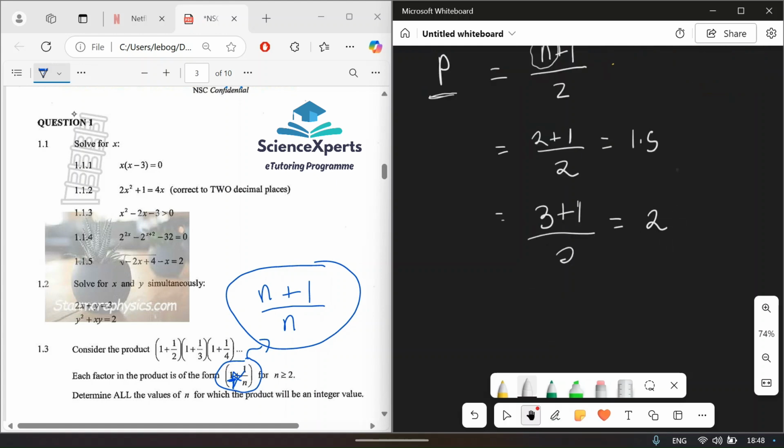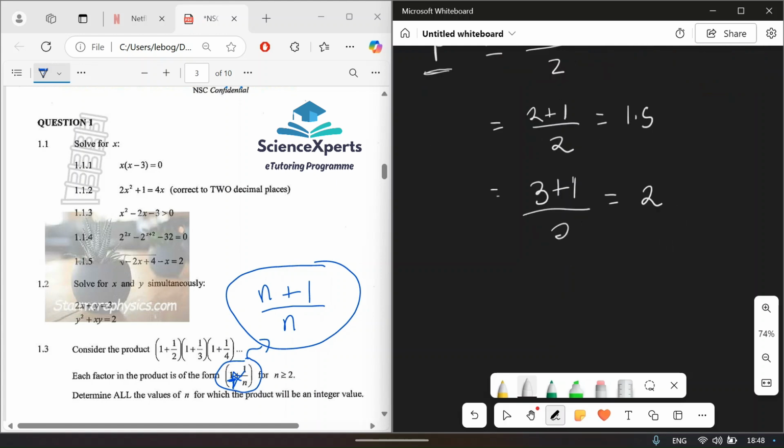So I can write this as, n must be an element of odd numbers, where n is greater than or equal to 3, starting from 3, not from 2.